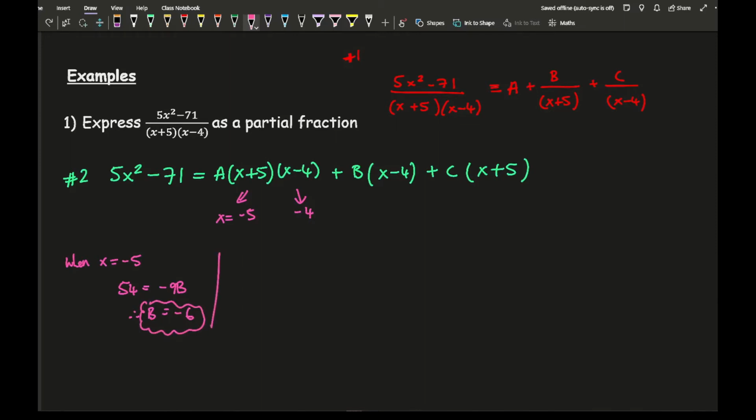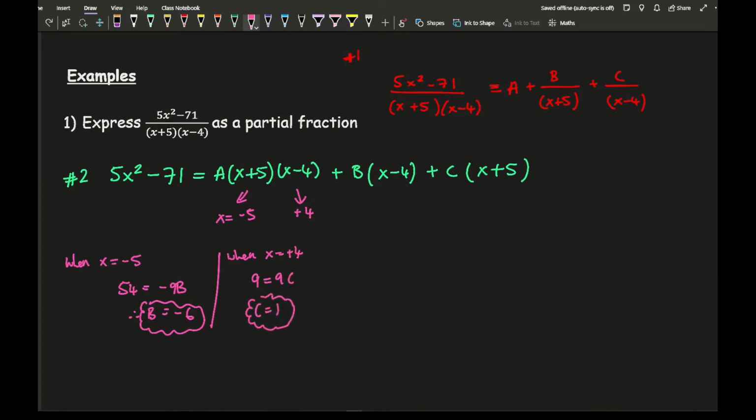So when x equals plus 4, what we end up with on the left hand side is 9 equals 9c, so c equals 1.